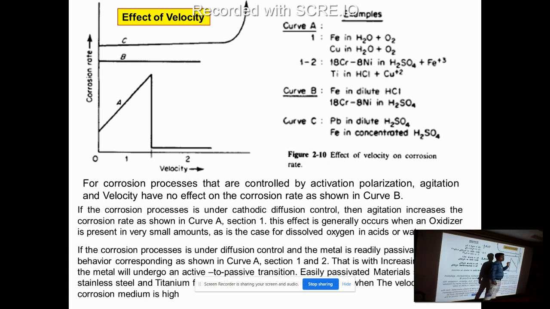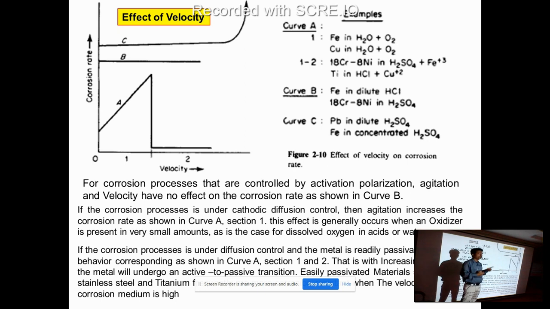Now look at case B. I have written it here. For corrosion processes that are controlled by activation polarization, agitation and velocity have no effect. We discussed yesterday. What is activation polarization? What is concentration polarization?